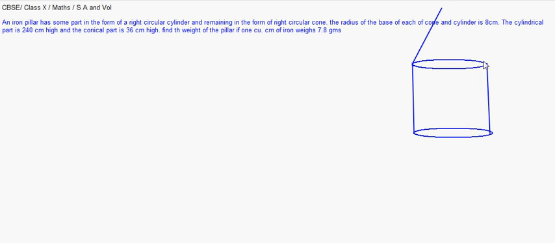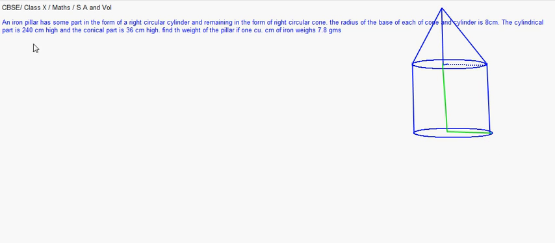Don't mind if I'm overlapping that writing part because I didn't think of making that go that high. This will be the height of the cone. This will be the height of the cylinder.